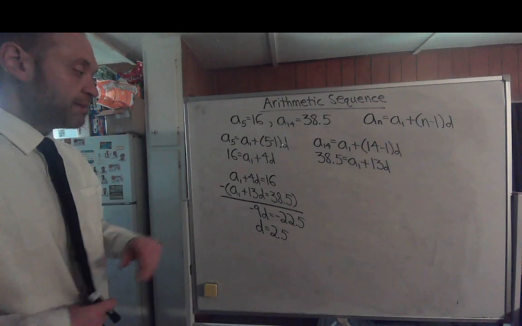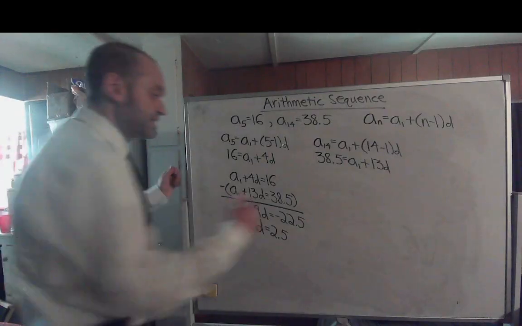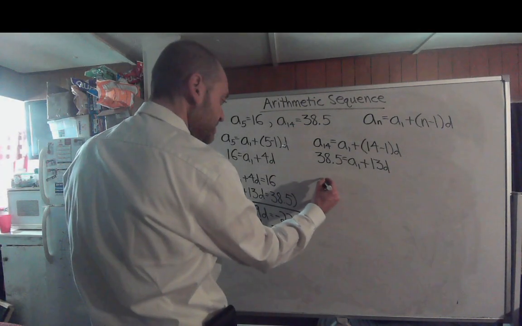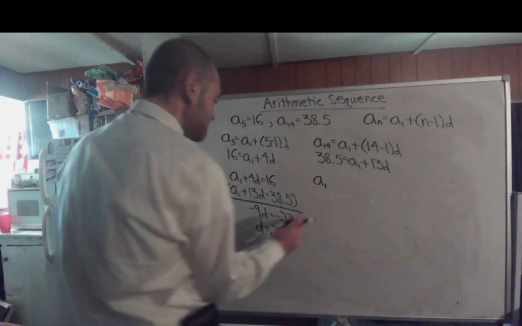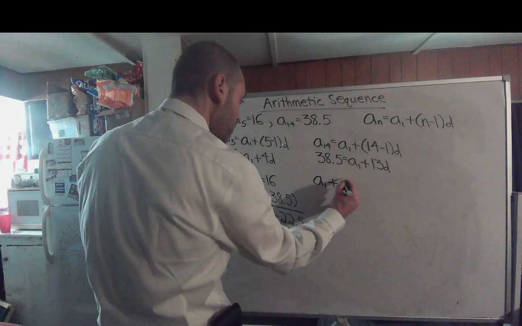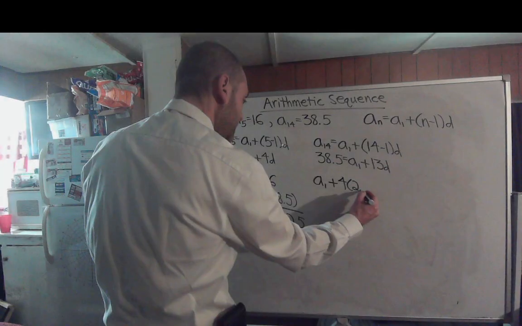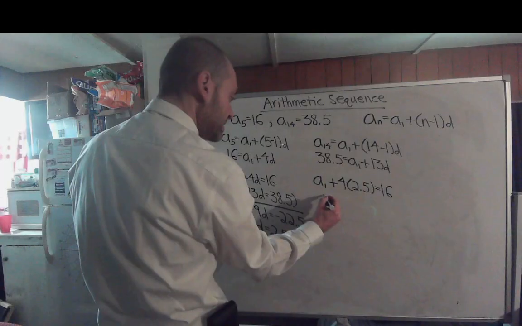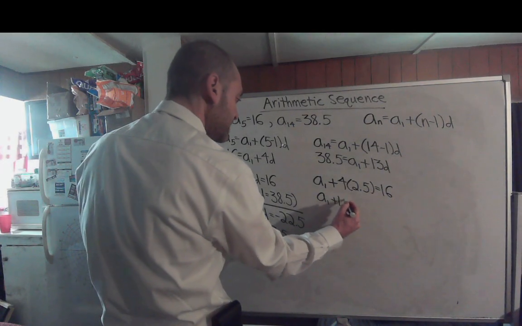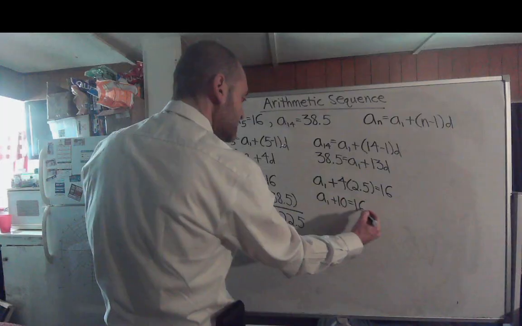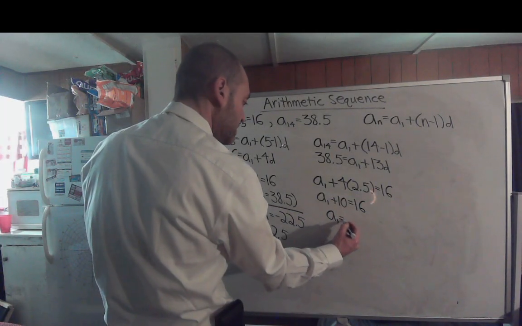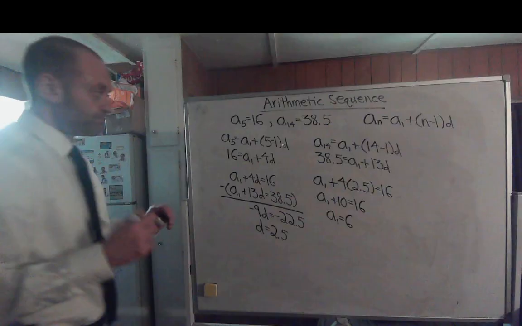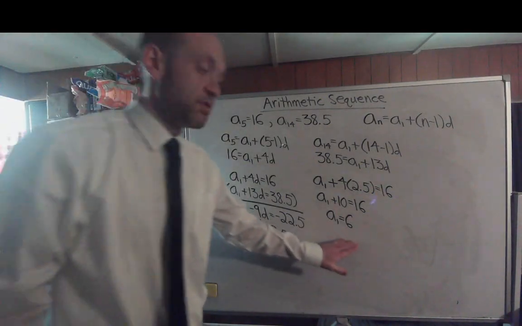I'm opting for the top one, a sub 1 plus 4d equals 16. So a sub 1 plus 4 times 2.5 equals 16. That means a sub 1 plus 10 equals 16, so a sub 1 equals 6. So now we found the first term to be 6.